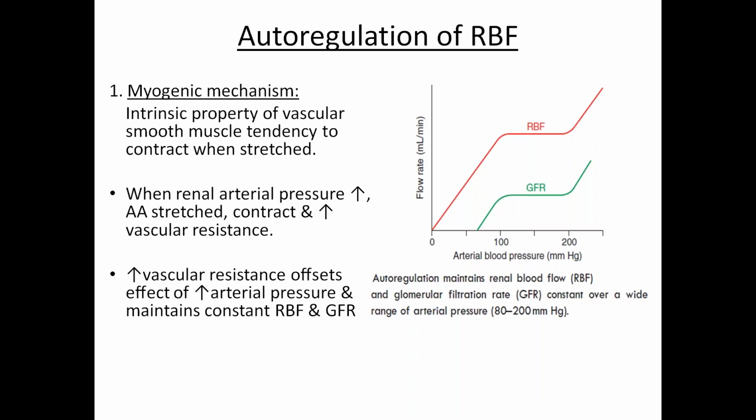And so in the myogenic mechanism, suppose the arterial blood pressure is increased, the afferent arterioles will get stretched. That means they will contract and there will be increased resistance. And this increased resistance will offset the effect of the arterial pressure. And so again, your RBF and GFR will be maintained.